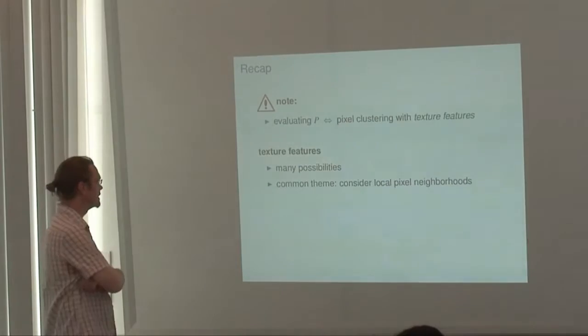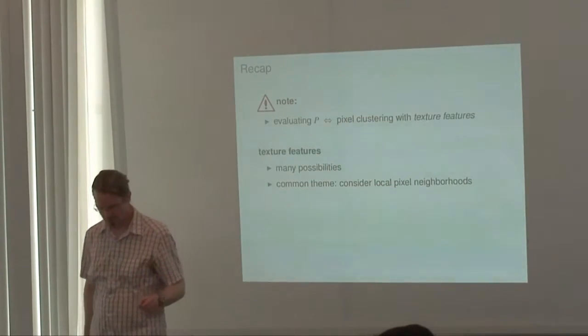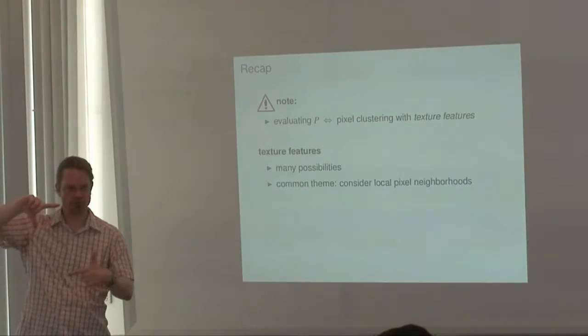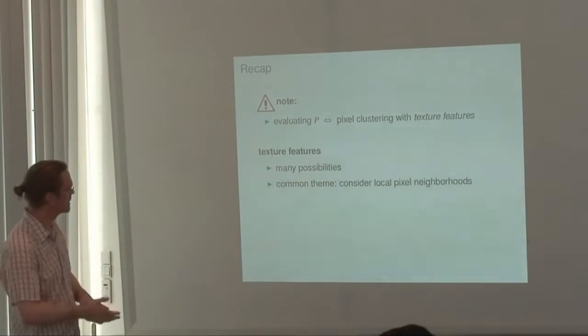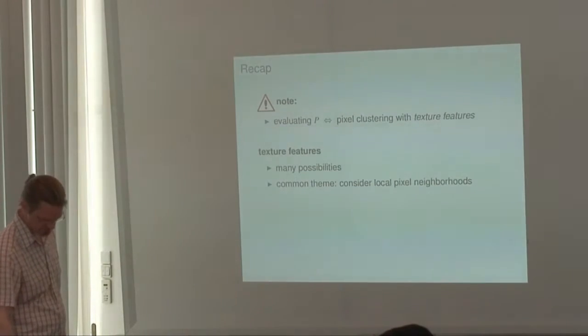That is to say, all these texture features are considered at a pixel and are determined from a neighborhood about that pixel. So they are computed from a collection of pixels adjacent to the pixel currently under analysis.